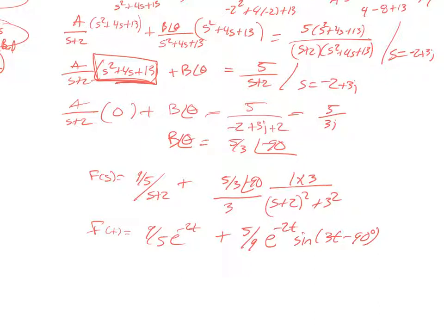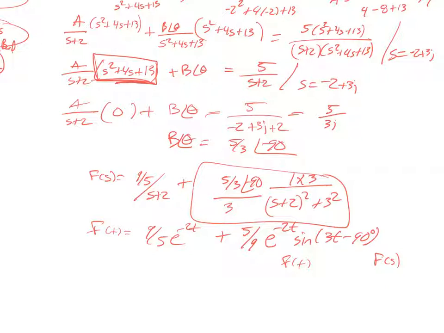Yes, sir. Can you just explain how you're making the right half of that equation, like converting from 5/3 at an angle of minus 90 degrees, and how that becomes what's right below it? Sure, okay. So if I look at my table, in my table there's an f of t and an F of s, right?